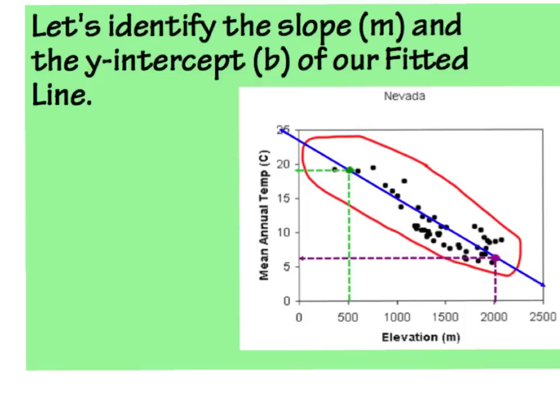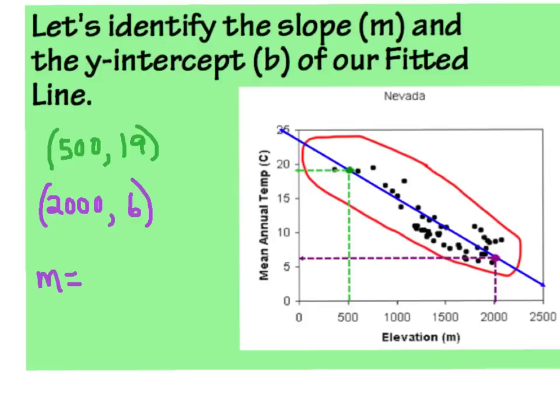All right, so that first point, the green point that I put on my line of best fit, looks like its x value is 500, and its y value is approximately 19. Okay, that second point on my line, the purple point, is at 2,000, and I'm going to say that's around 6. So now I'm going to calculate my slope from there. So remember, m is equal to the change in y's.